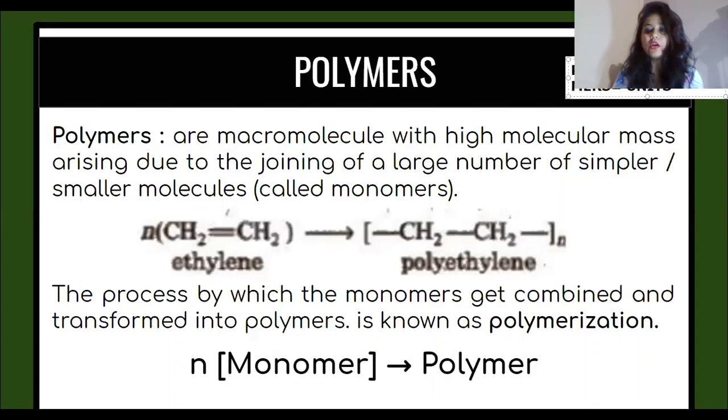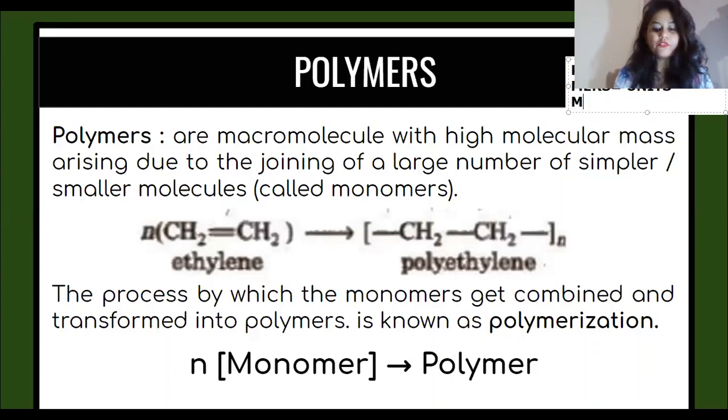So anything which has many units of certain compounds or simpler molecules will be called a polymer. Polymers generally contain many monomer units joined with one another. If we already know how to define polymer, it becomes extremely easy to define monomer: mono means one, and mer again means unit.